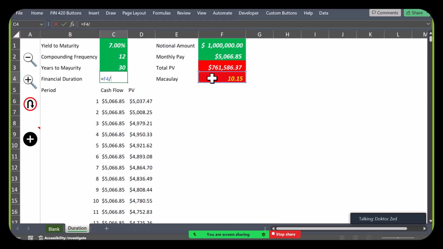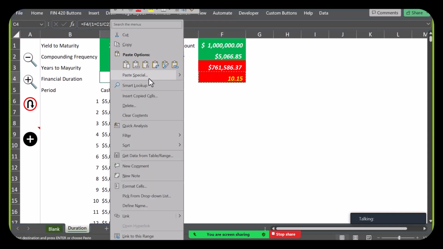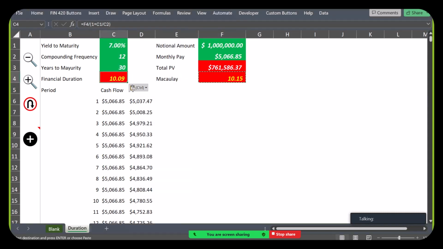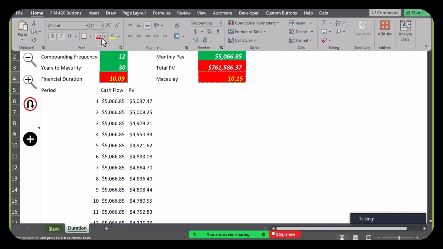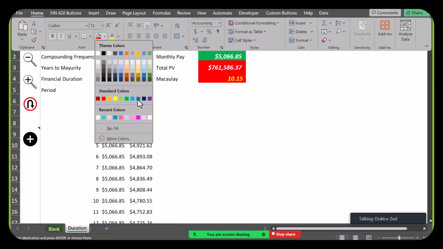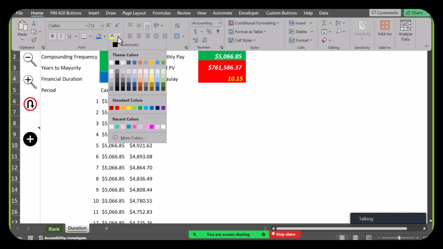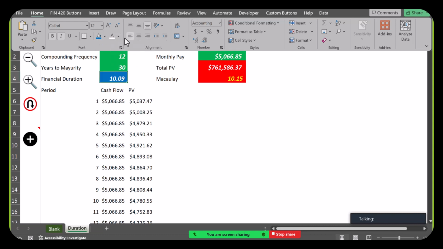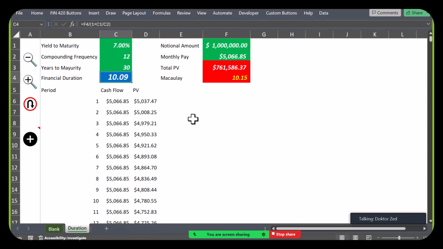Take the Macaulay, divide it by 1 plus the yield to maturity divided by compounding frequency. And I'll change the colors on that a little bit and make it bigger. Okay.